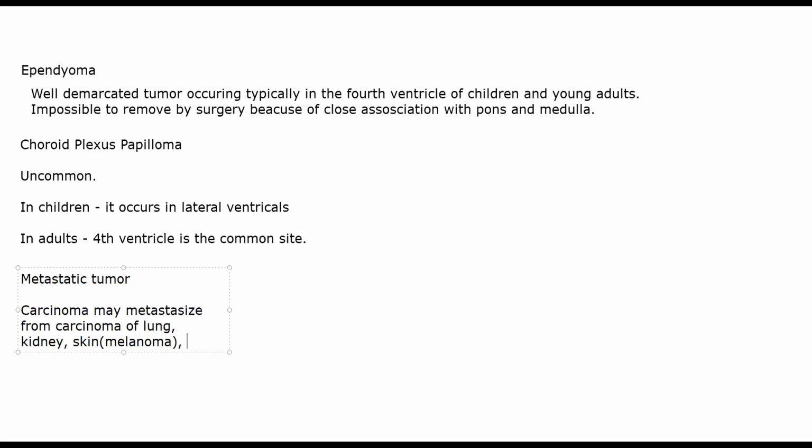Okay. Breast. It can come from your GIT. Sometimes it can be a lymphoma, infiltrative lymphoma. Okay. Or it can also be a leukemia. Okay. Lymphoma or leukemia. Either way, rarely, but it does occur.